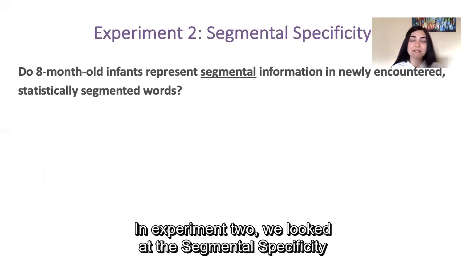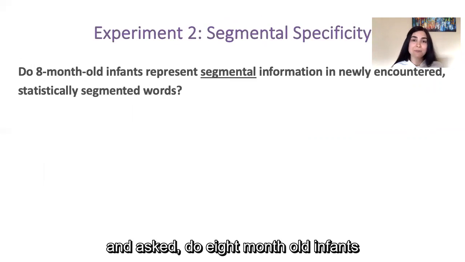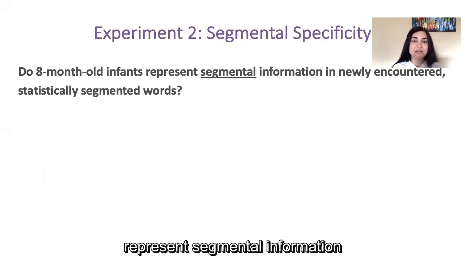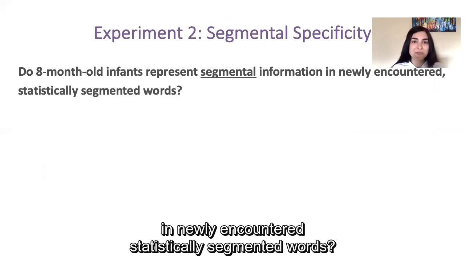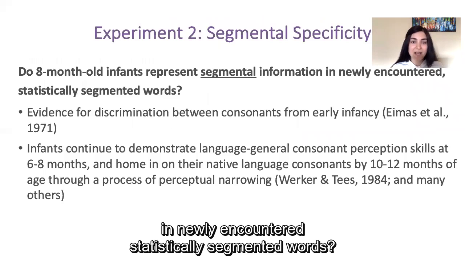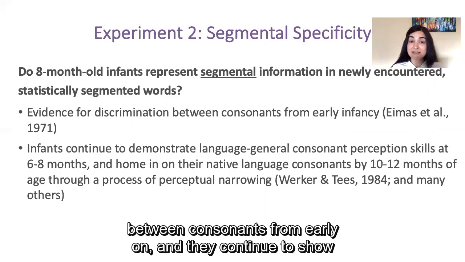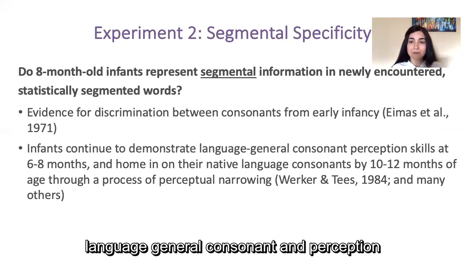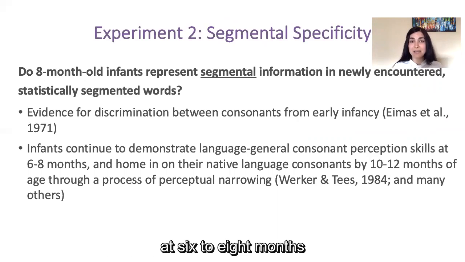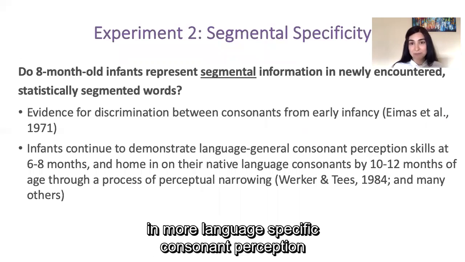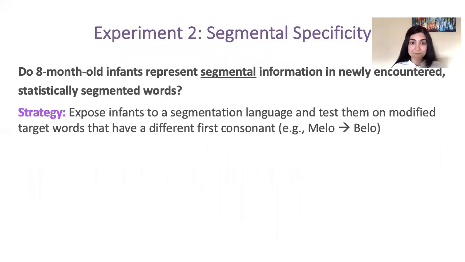In experiment 2, we looked at the segmental specificity and asked, do 8-month-old infants represent segmental information in newly encountered statistically segmented words? We know that infants can discriminate between consonants from early on, and they continue to show language general consonant perception at 6 to 8 months and more language specific consonant perception by 10 to 12 months.